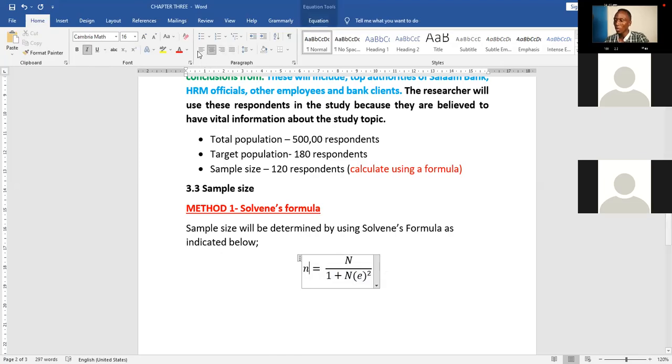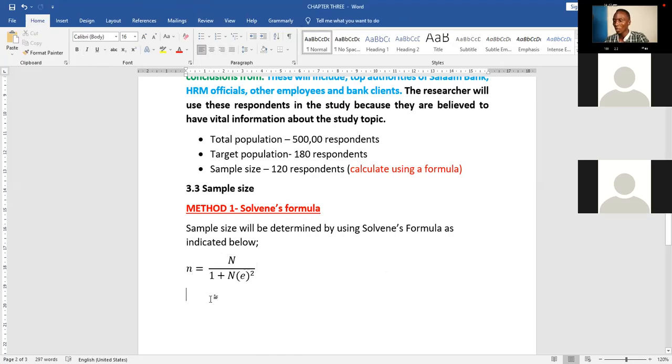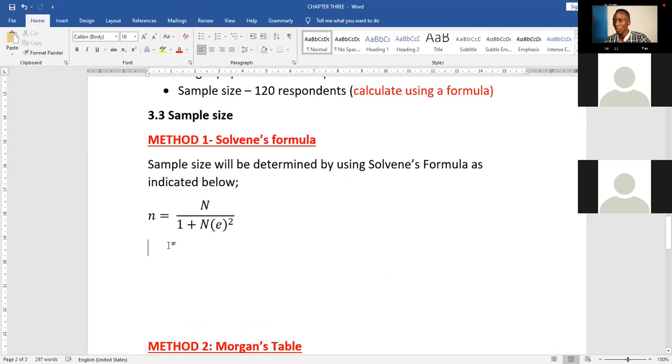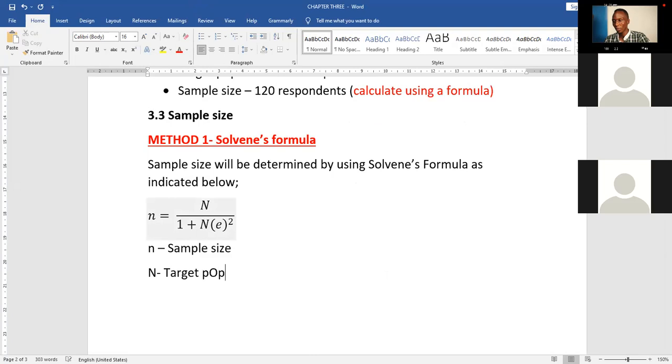This formula was developed by someone called Solvin, and that's why they call it Solvin's formula. Small n stands for sample size, capital N stands for target population, and small e stands for margin error. Some people call it level of significance. It's fixed, which is always fixed at 0.05.